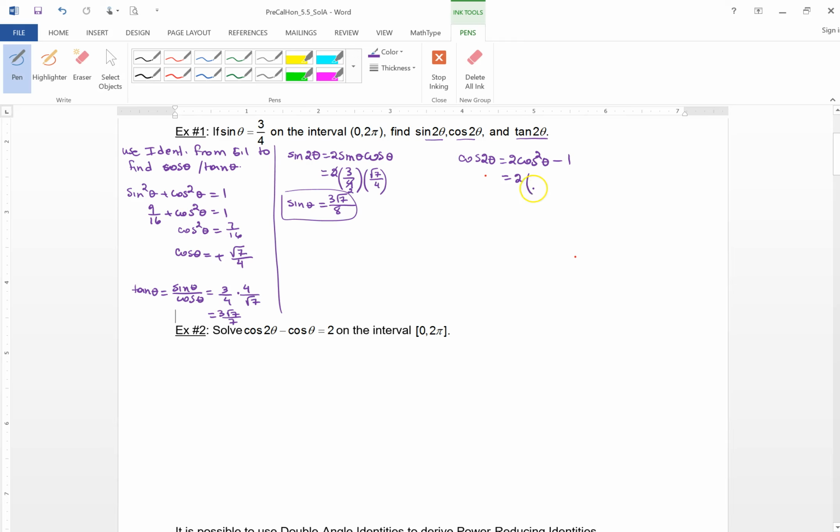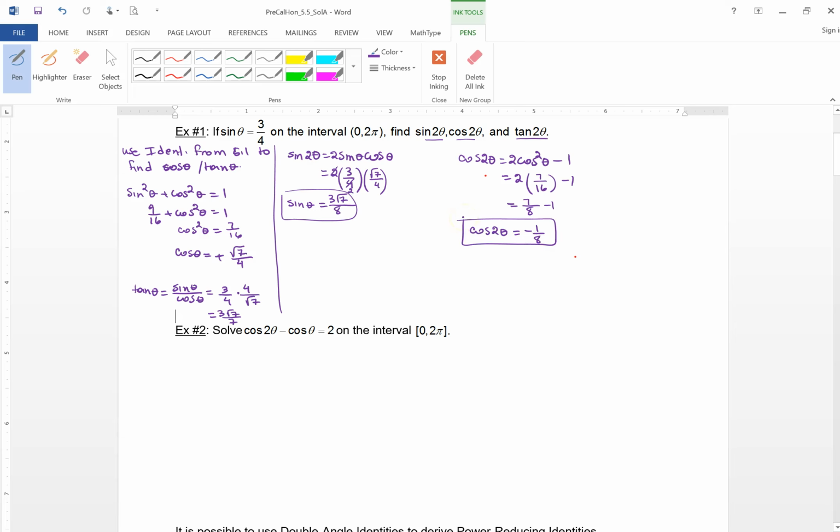So 2 cosine square theta is 7 over 16 minus 1. This is 7 over 8 minus 1, which is how much? Negative 1 over 8.